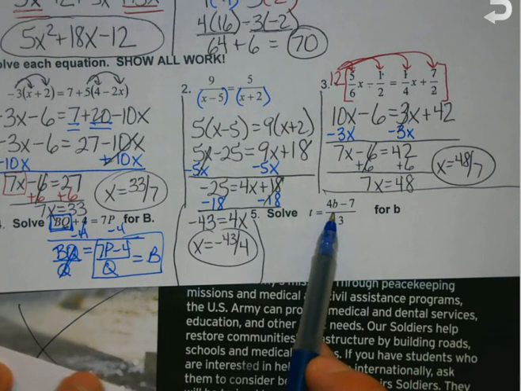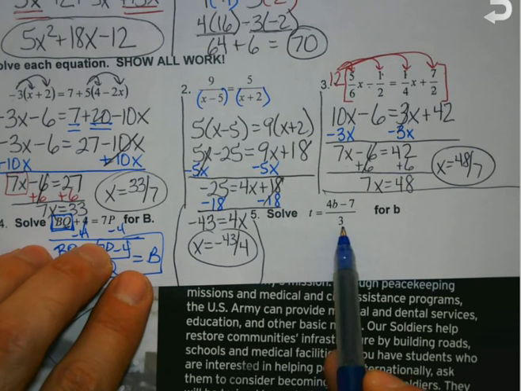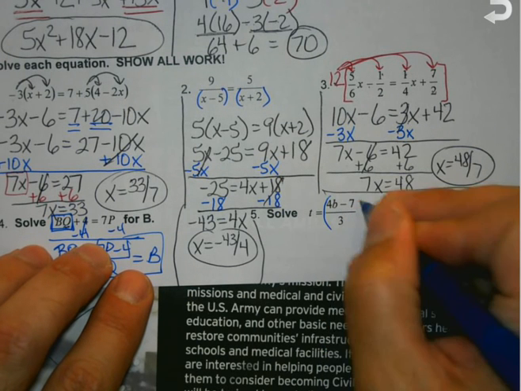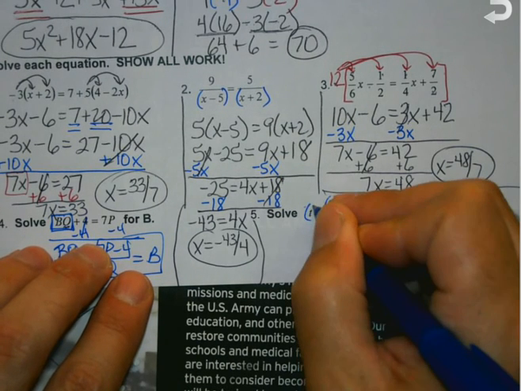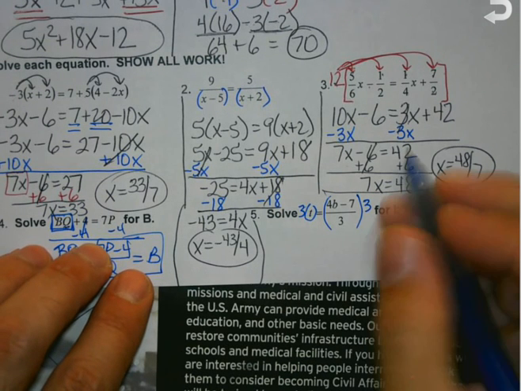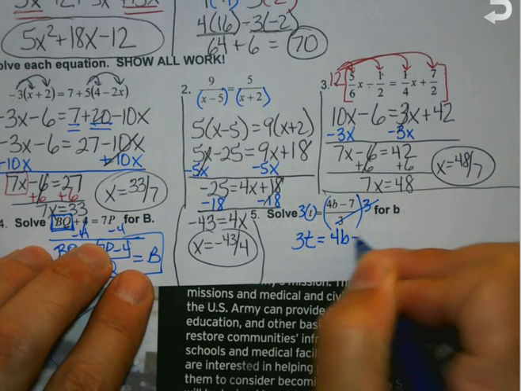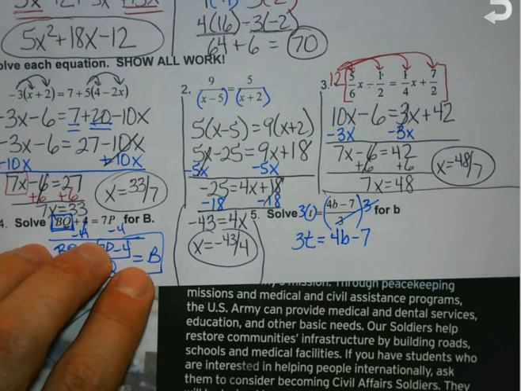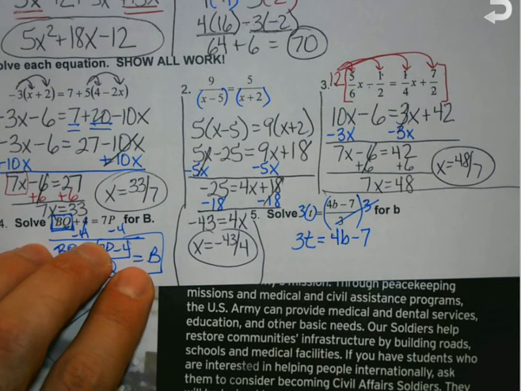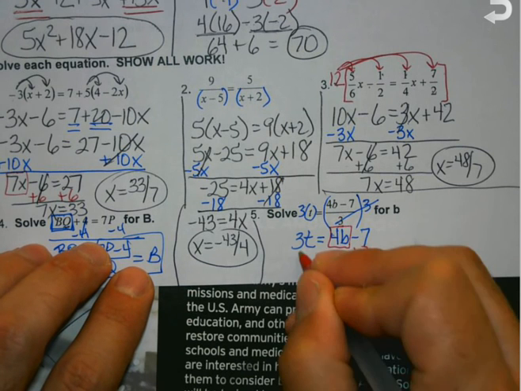Like here, I've got this b by itself. I can't just add the 7 right away because right now it's over a fraction. So my outlook always is whatever is furthest away from my variable. I want to pick away from the furthest stuff and then get closer and closer. So if I see the fraction, I multiply to get rid of it first, because the fractions just divide. Then I'm trying to get b alone. That -7 is what I need to get rid of.